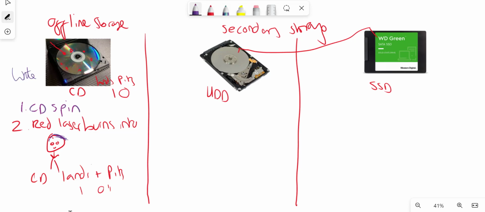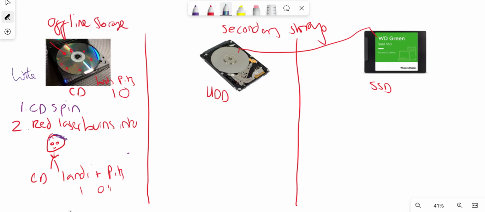So if I say, how does Cohen write his songs to a CD? You would say to me, the CD spins, there's a red laser which burns into it, and it'll be 1s and 0s, lands and pits. That is a CD. CD laser, DVD laser. Get it into your head.